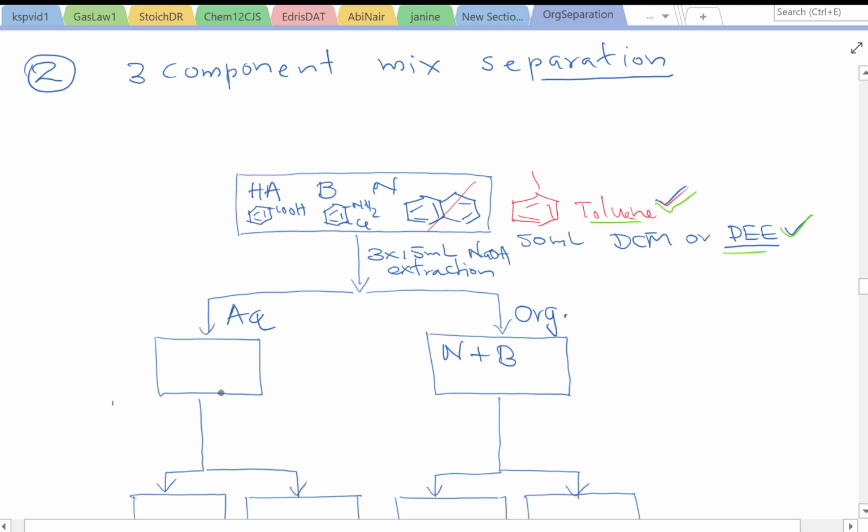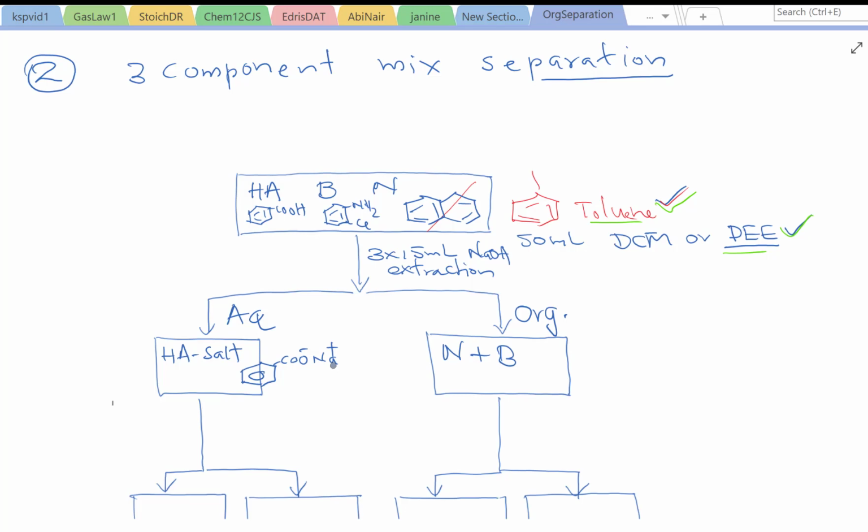What happens is the organic layer will have the neutral and the organic base, and the aqueous will have the acid's salt. In this case it's sodium benzoate, because it's a salt, it's going to stay in the water, right?